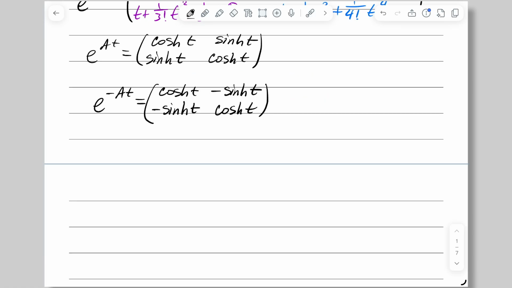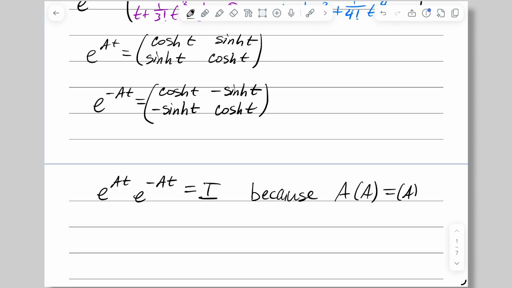If you remember or look up identities related to the hyperbolic functions, then you can verify that e to the At times e to the negative At gives us the identity matrix. That's actually true in general because A commutes with itself. So if I multiply A by A, it doesn't matter in what order I write the A's.